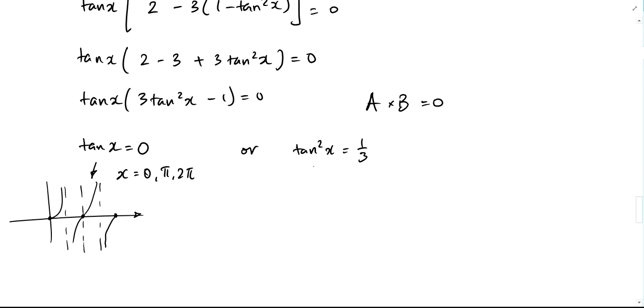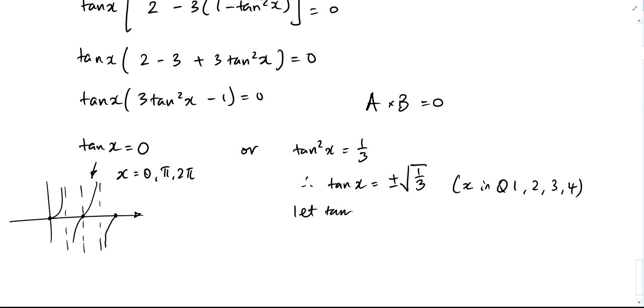Now tangent square x is 1/3, so tangent x is, because now we are introducing the square root ourselves, we have two options. What this means is that x is now found in quadrants 1, 2, 3 and 4. So same thing, get the basic angle out. Let tangent alpha be 1 over 3.